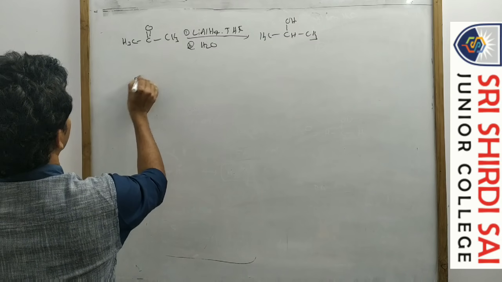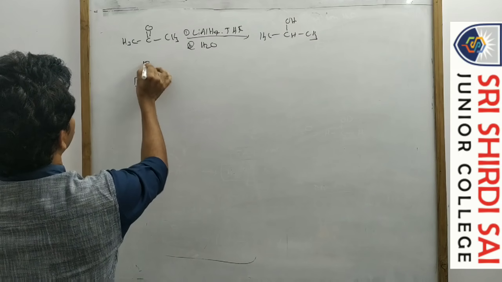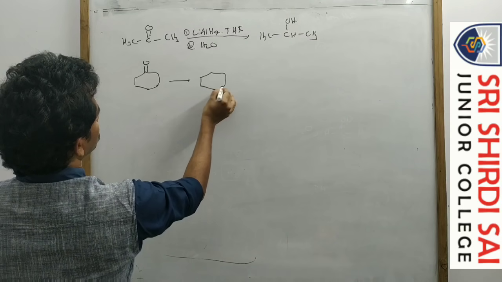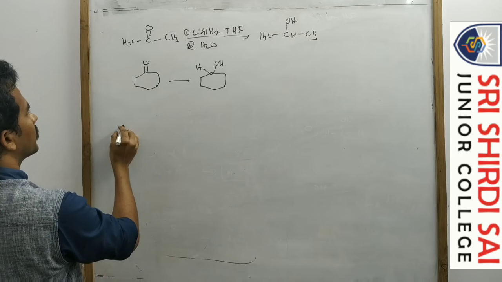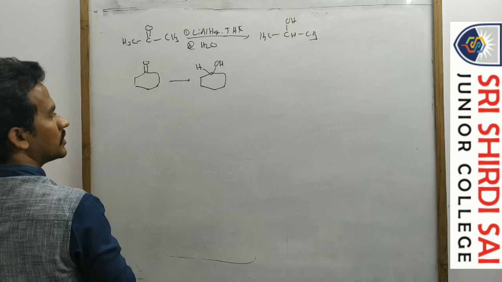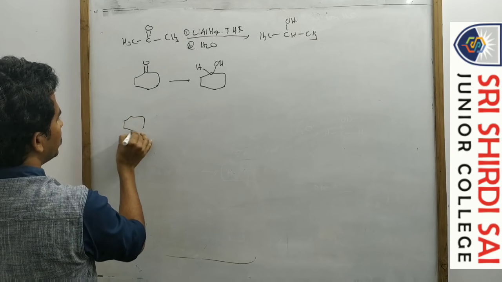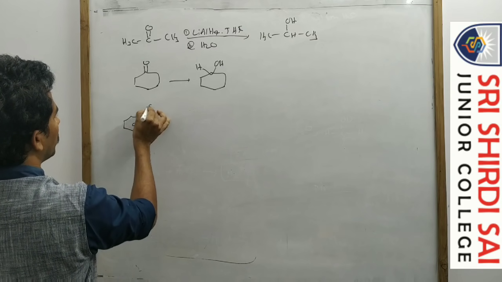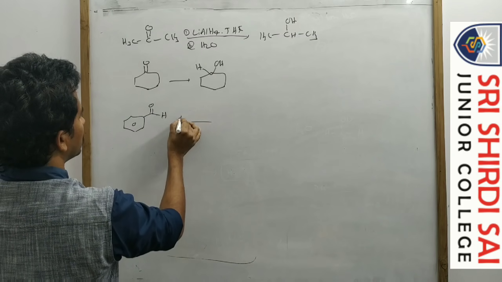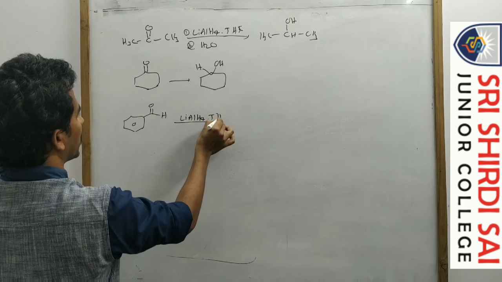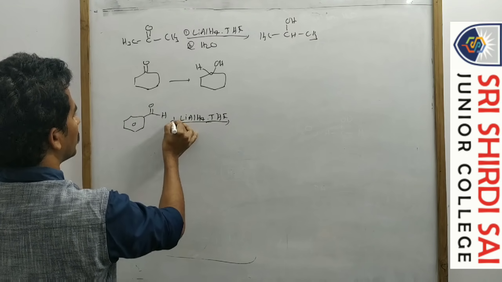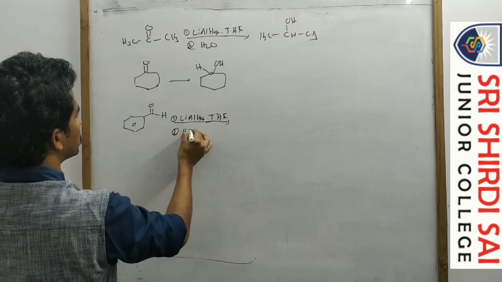Okay. So next, suppose this ketone produces OH here, H like this. Next, suppose this benzaldehyde, C double bond O H, and reduction with LiAlH4 in tetrahydrofuran followed by hydrolysis.